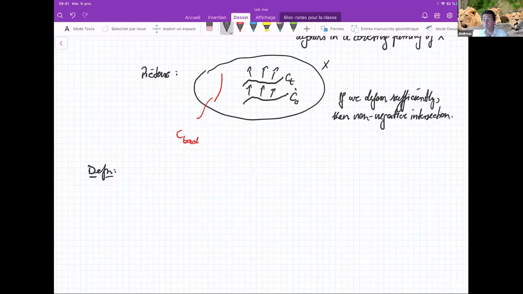Here I'm doing the most straightforward algebraic way imaginable, and then I try to figure out what happens. So let V over X be a vector bundle of rank r at least 2.